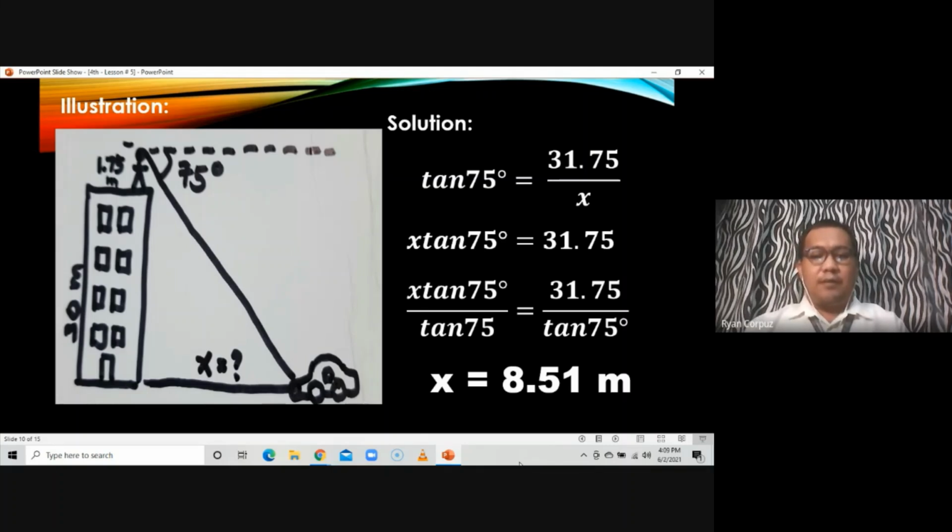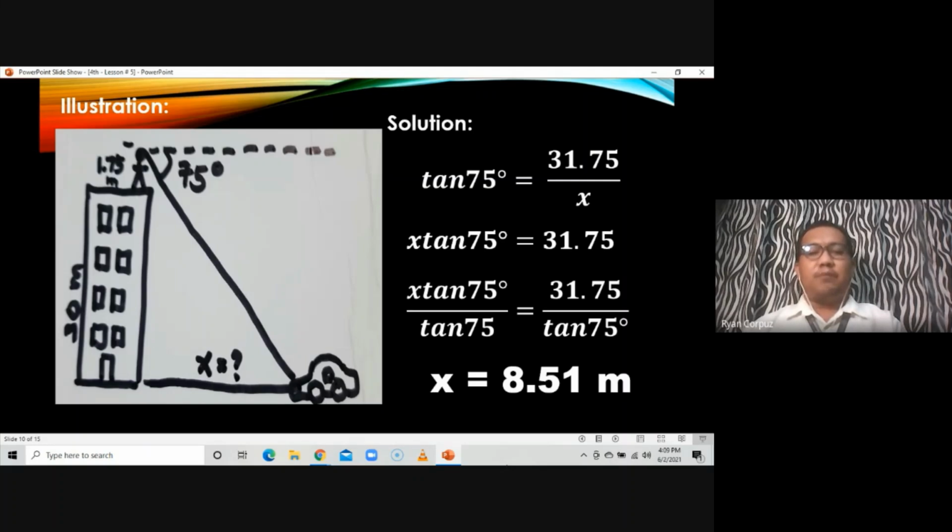So that means that car is 8.51 meters from the building, where the angle of depression we formed is 75 degrees from that observer on top of the building. So that is 8.51 meters.